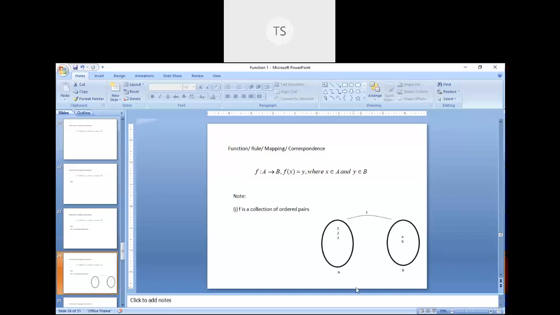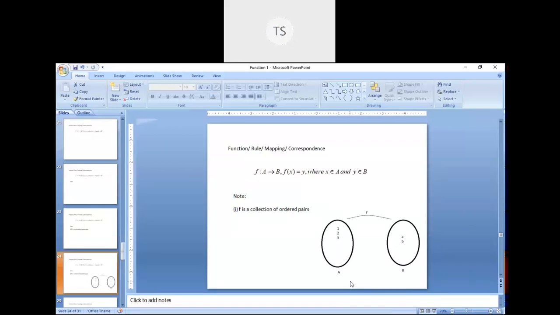Suppose we have two sets A and B, and the elements of set A are 1, 2, and 3, and the elements of set B are a and b. Now, can you tell me the ordered pairs of the Cartesian product A cross B? 1a, 1b, 2a, 2b, and 3a, 3b.